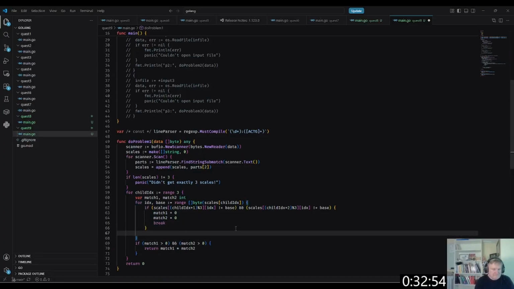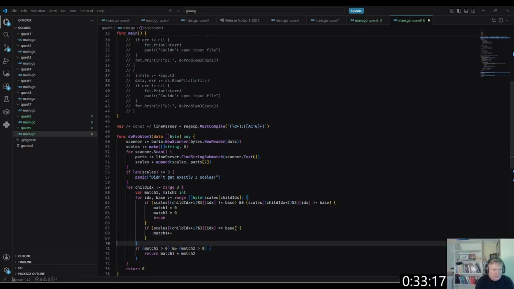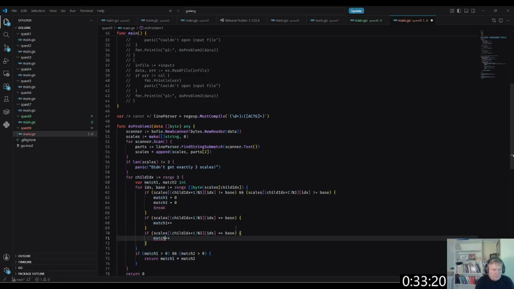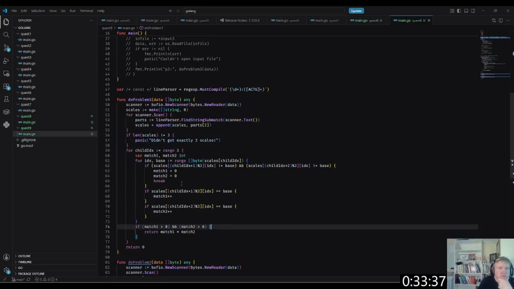Okay, break. Match 2 plus plus. Okay. Yep, this looks correct to me.